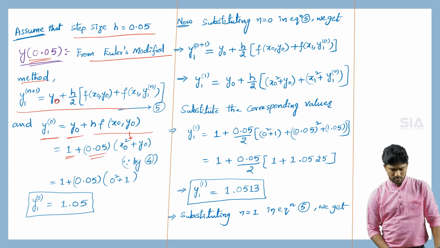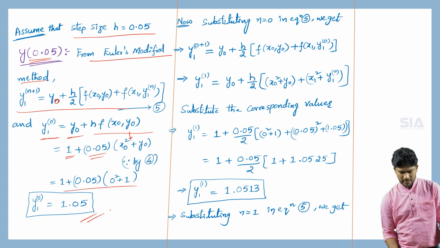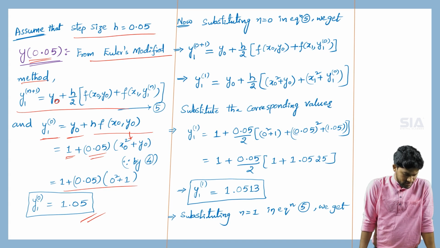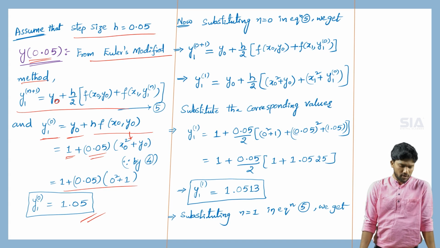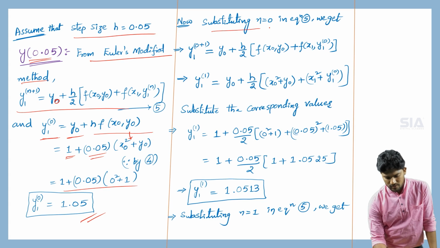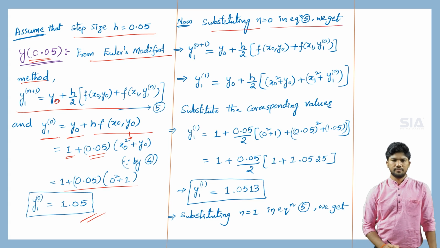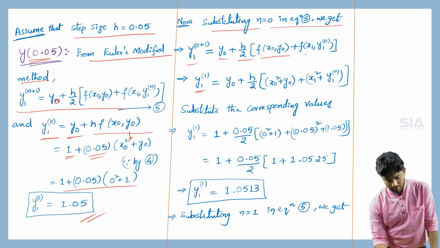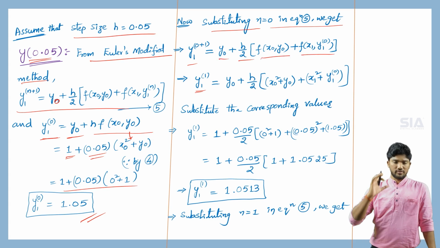So therefore substitute the values. If you simplify them, you will get the first approximation value is 1.05. So next, now substituting n is equal to 0 in equation number 5. Okay, so therefore you will get that first approximation y0 plus h by 2 f of x0 comma y0 plus f of x1 comma y1 of 0.